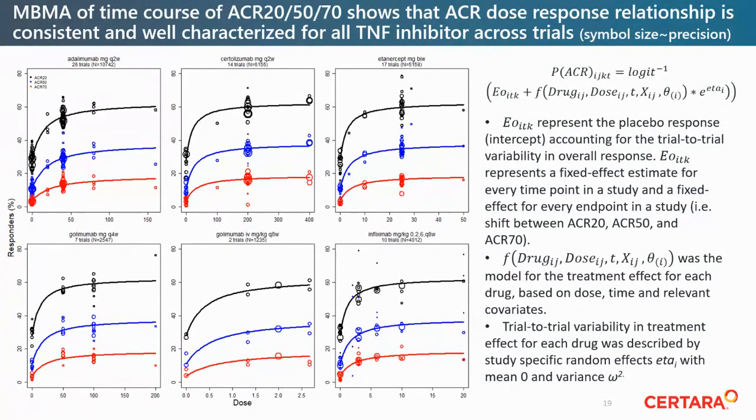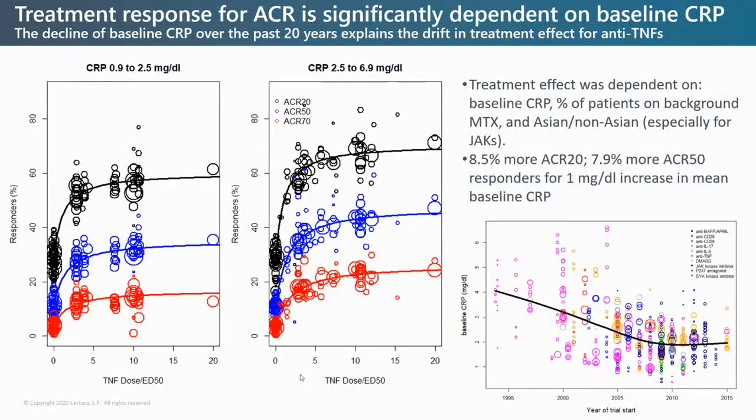So just to highlight the importance of normalizing for this between study variability that we have in patient population, the next slide shows the impact of one covariate, C-reactive protein, which sort of can give you an understanding of the inflammatory state the patients are in at the beginning of the study, sort of highlighting the disease severity that we have.